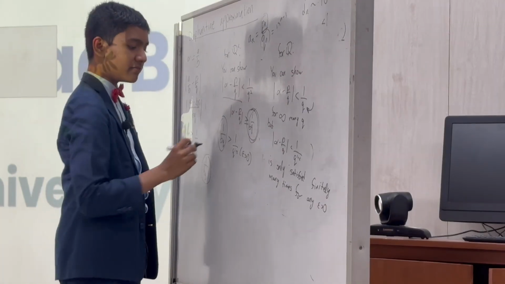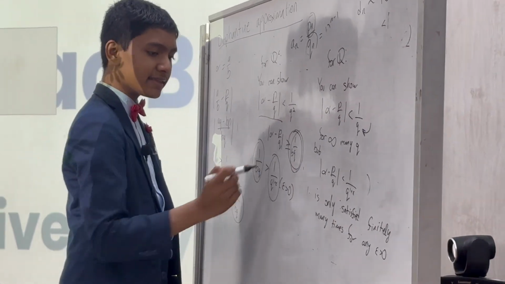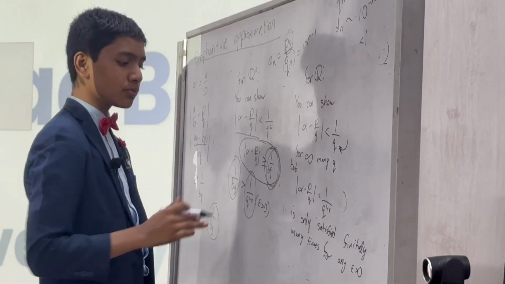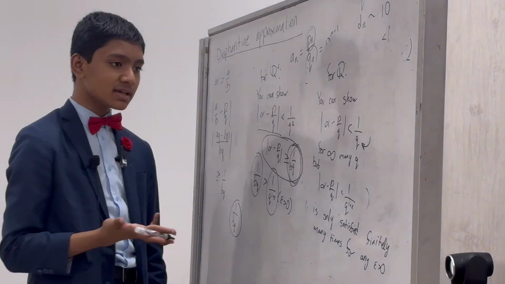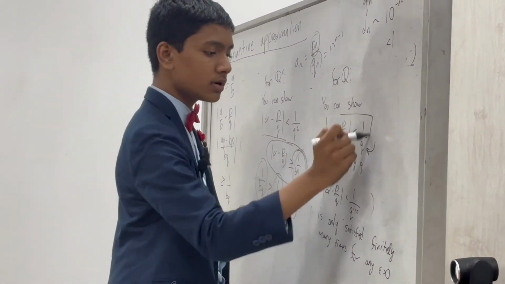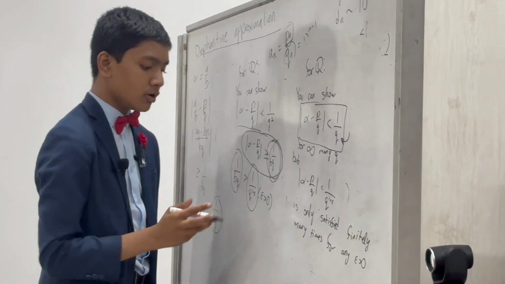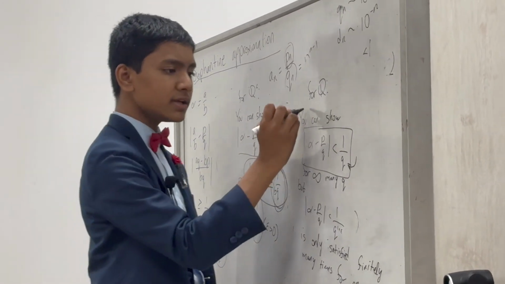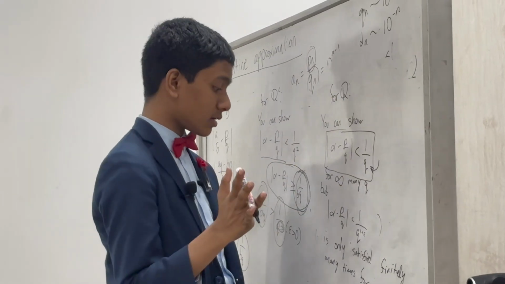So this will eventually outgrow anything of this form. Which means we can't show that the rational approximation satisfies something like this; we can only do less than 1 over q. We can't increase the power at all. So you can show this for rational numbers.